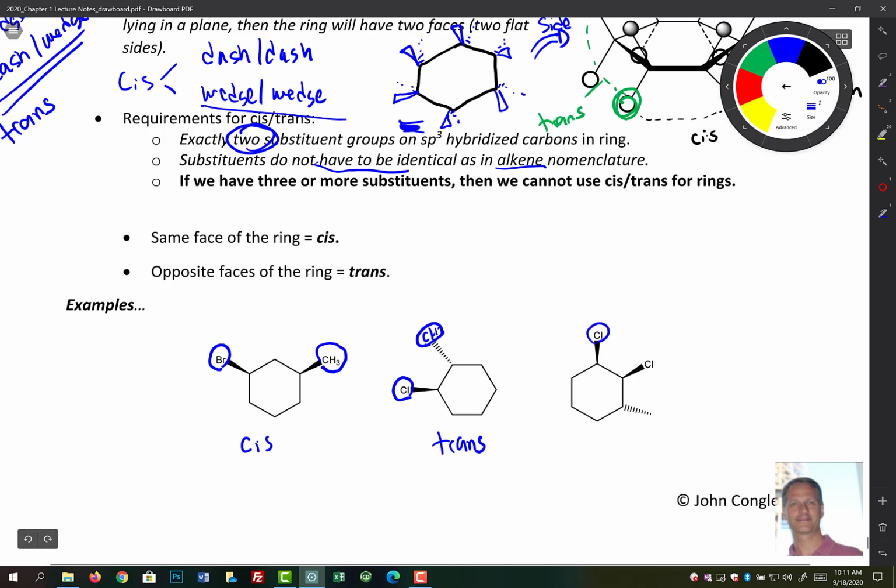And here we have 1, 2, 3. So cis trans is not applicable. So you may wonder, well, how do you indicate stereo? How do you indicate their position or stereochemistry? It's something we'll talk about later this semester. So you're not going to worry right now, but you would just say that you can't use cis or trans for that guy.